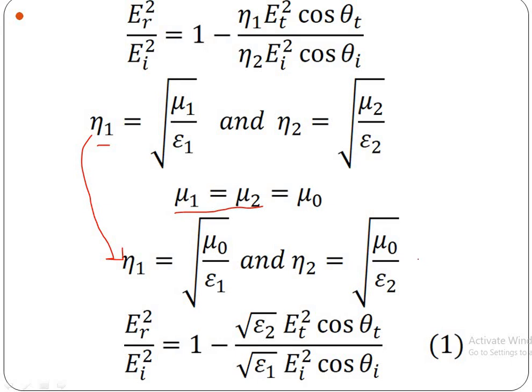Now substitute these values in this equation. Er square by Ea square is equal to 1 minus square root of epsilon 2 by square root of epsilon 1 Et square by Ea square cos theta t by cos theta I. Take it as equation 1.